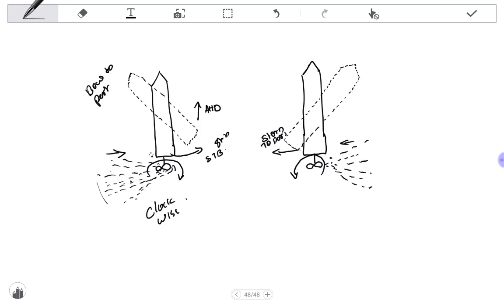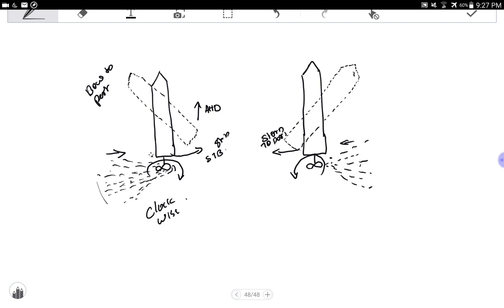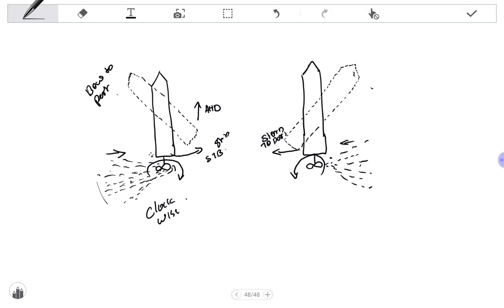Due to ahead and astern movement of the propeller, or clockwise and anti-clockwise rotation of the propeller, and the helical discharge of water, the ship's bow will move to port side or starboard side.